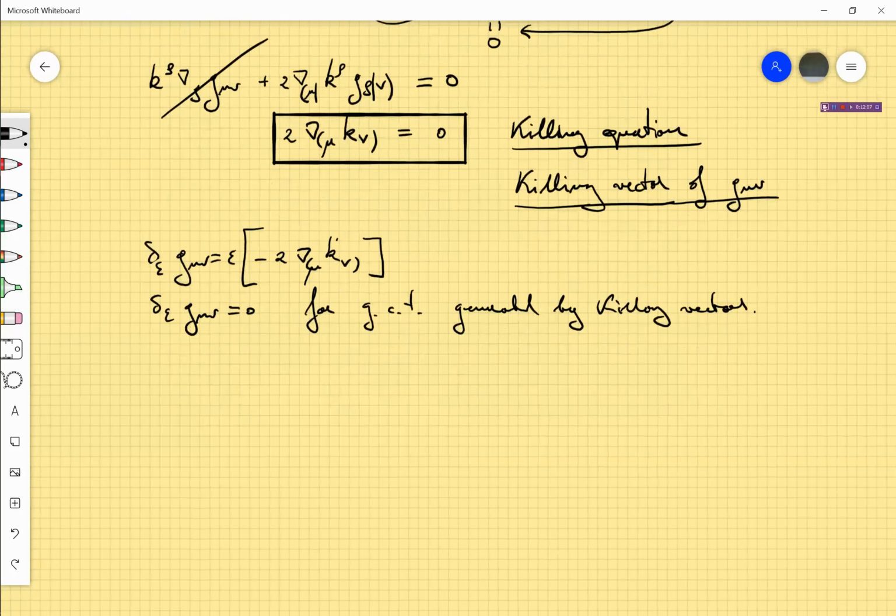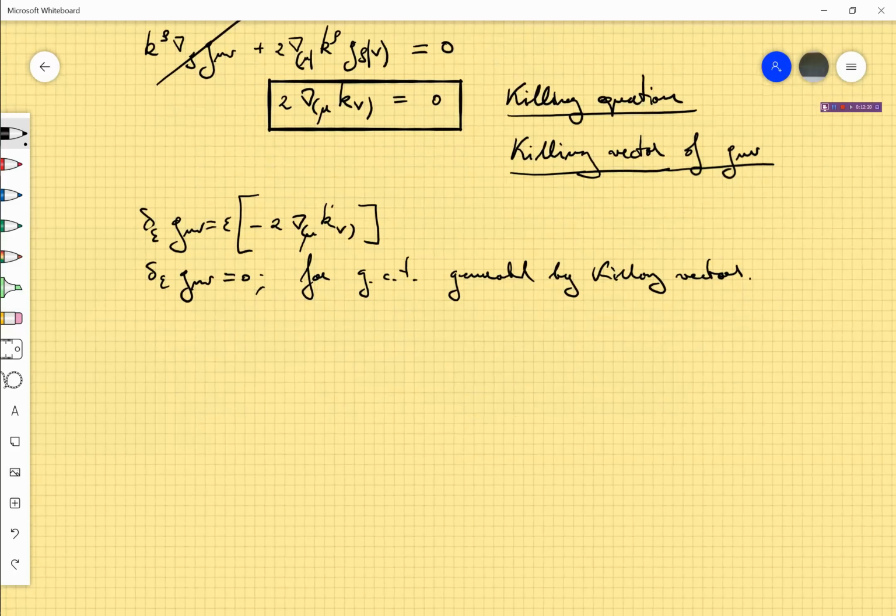They may exist or they may not exist. If they exist, this is a property of g mu nu, and the property is that it is invariant under these general coordinate transformations. When there is a general coordinate transformation or a diffeomorphism that leaves the metric invariant, this is the invariance of the metric, we say that there is an isometry.